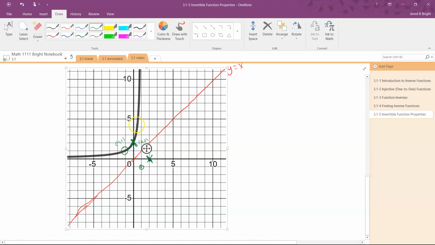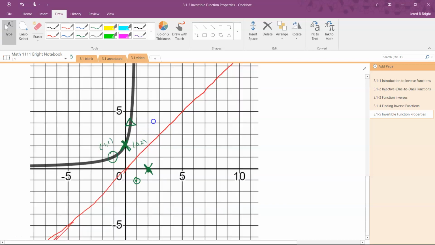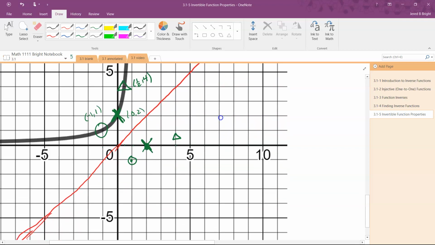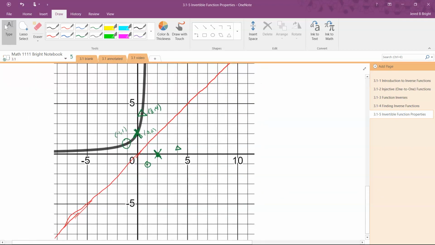And let's say I find another point. I'm going to call this point a triangle, and the triangle looks to be at about (1/2, 4). So I interchange those, and I'm at (4, 1/2). That would be the inverted point here. So when I now sketch the graph, three points is okay-ish, but what I'd end up getting is something that looks like this.